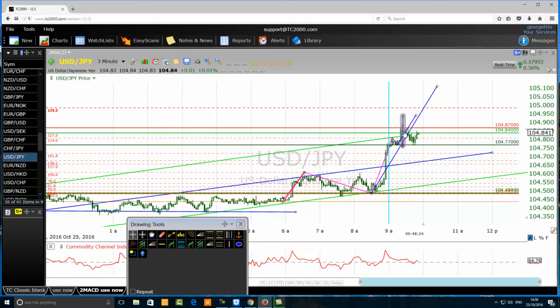This is another butterfly pattern being formed now. Price went up the first time. Now we have a new XA, and this is AB, which went a little bit near the 78.6% Fibonacci retracement of XA. Then we have another BC between the 38.2% and 61.8% Fibonacci retracement of AB.